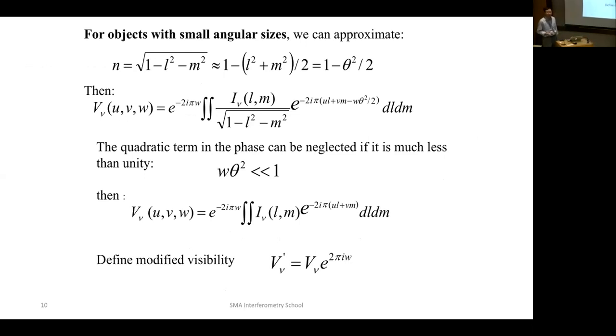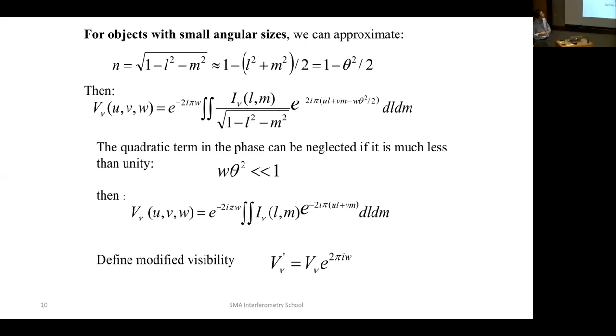So let's make another important assumption: the object we observe is small in angular size. Then you can expand this in a Taylor series because l and m are small relative to 1, so it just becomes 1 minus theta squared divided by 2. It's just a simple Taylor expansion. Then you can rewrite the visibility function as a function of u, v, and w. One nice thing is that you can pull the w dependence outside of the integral.